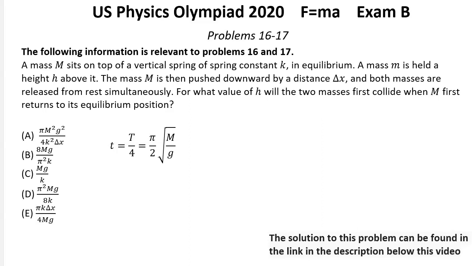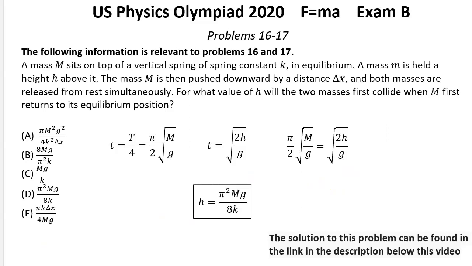That will be square root of 2h over g. And now we just need to equate these two times for the two masses to meet in the equilibrium position. That will be this equation, and from here we can find the height h. That is pi squared big Mg over 8k, which is answer D, and that was the solution for problem number 16.